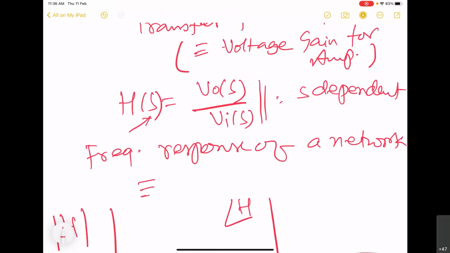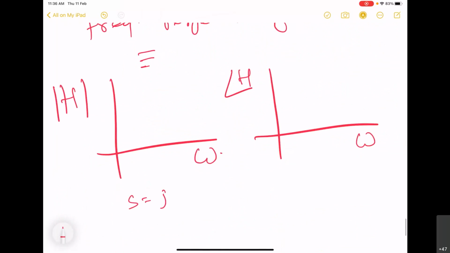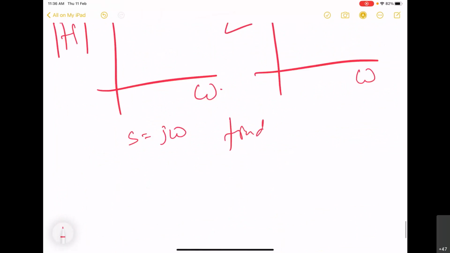So if I know the expression for this, of course I can substitute s equal to j omega and find out the expression for H(j omega), and then from this you do these two plots.